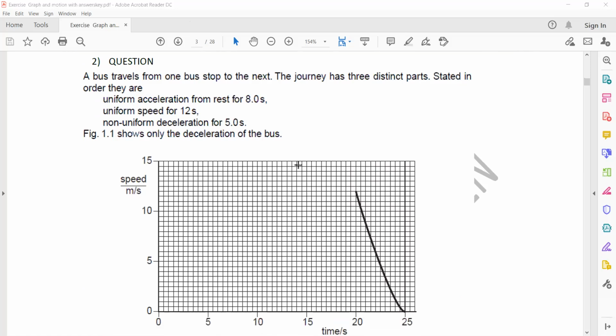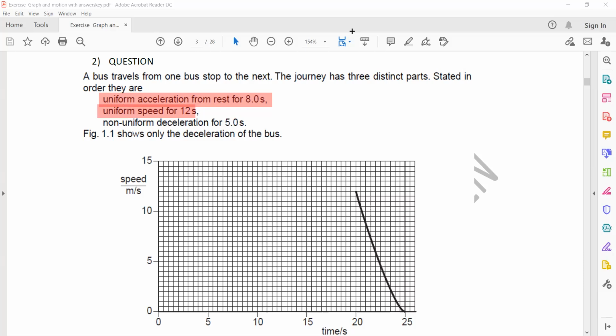So first, it's a uniform acceleration from rest for 8 seconds. So first I should know the speed after 8 seconds. And then it's a uniform speed for 12 seconds, so it moves with a constant speed for 12 seconds.